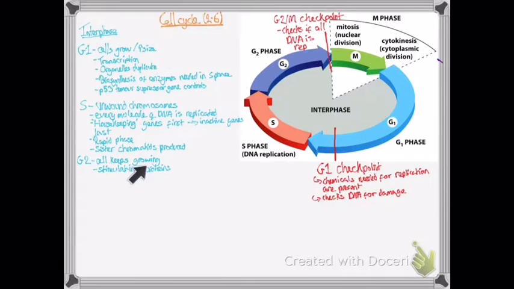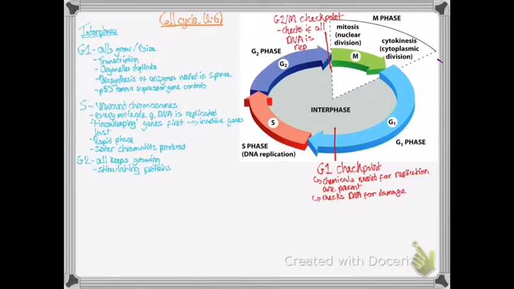So one thing to think about in the whole process is our aim here is to double the amount of DNA we have and to double the amount of organelles we have, because then we split the cell in two basically, and one gets the full amount of DNA and the other gets the full amount of DNA, and they all get an equal share of organelles, and that includes centrioles.